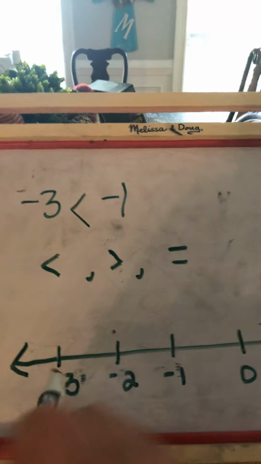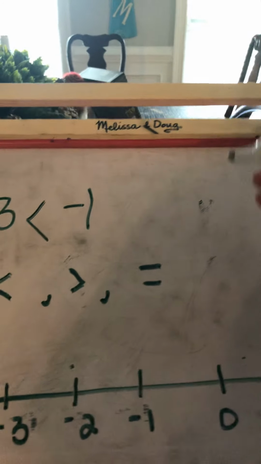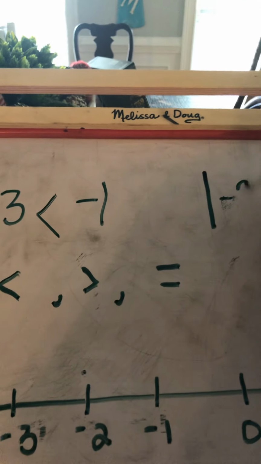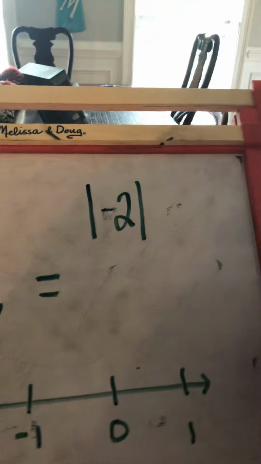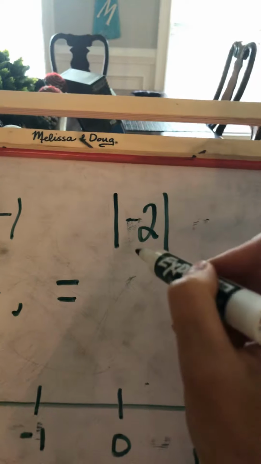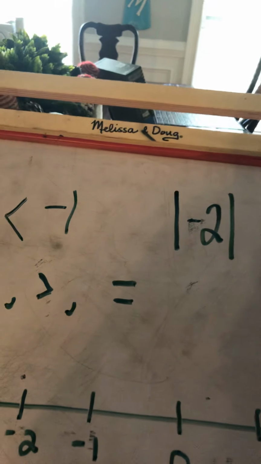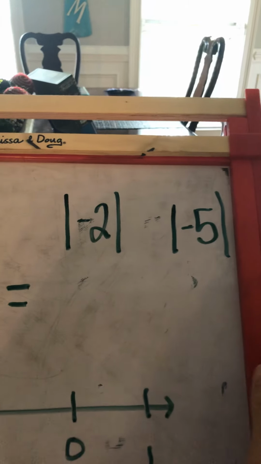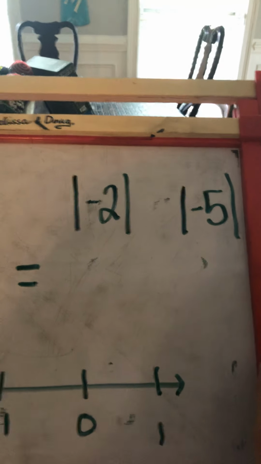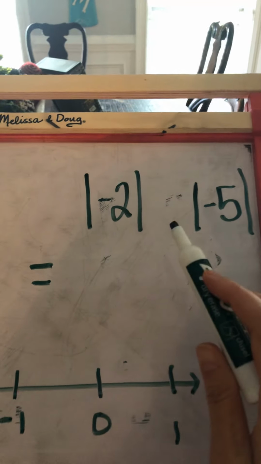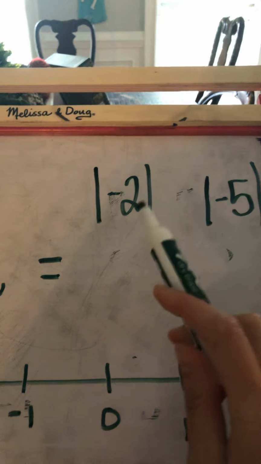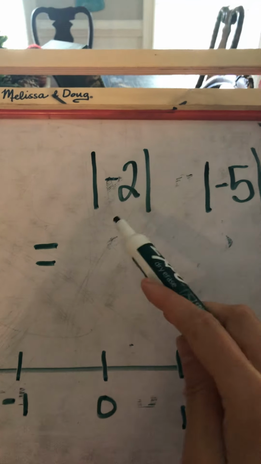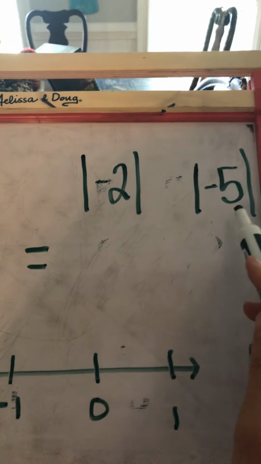You might see some with absolute value signs. Remember, absolute value signs look like this. They're two vertical lines. So this is the absolute value of negative 2 and the absolute value of negative 5. Before we put a sign in here, we have to find out what is the absolute value of negative 2 and what is the absolute value of negative 5.